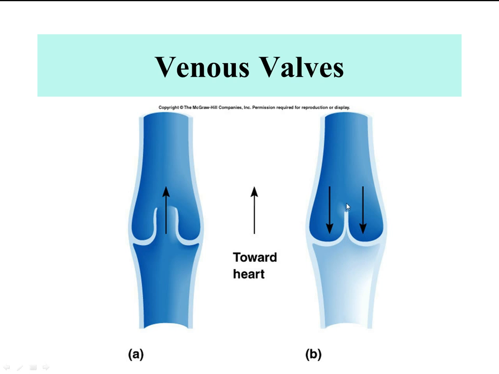This is important because even gravity, as you are standing still for a long period of time, would try to pull that blood toward the earth and not toward the heart. But these valves help to stop that from happening. And so muscle movement will help to push that blood toward the heart.